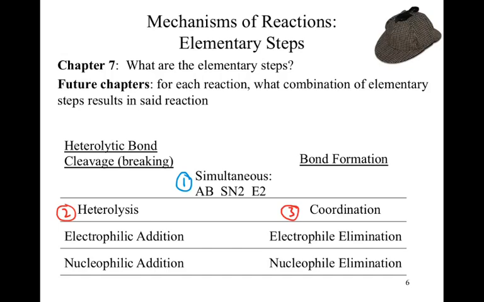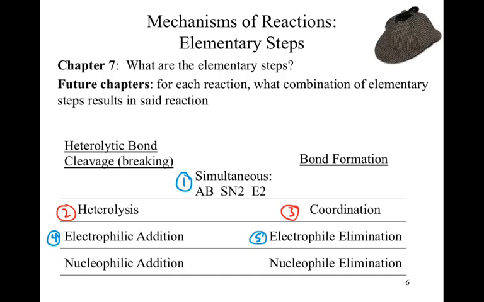After that, we can start to separate out our addition and elimination reactions according to what type of materials are involved. In steps 4 and 5, we're looking at electrophilic addition or electrophilic elimination.